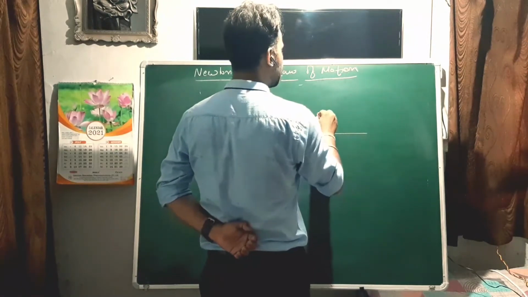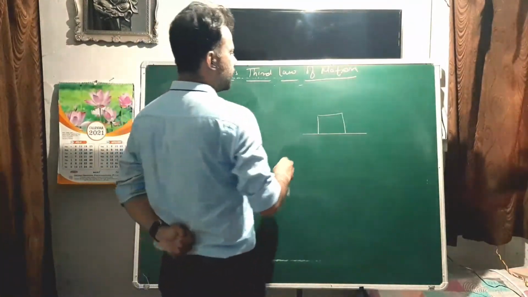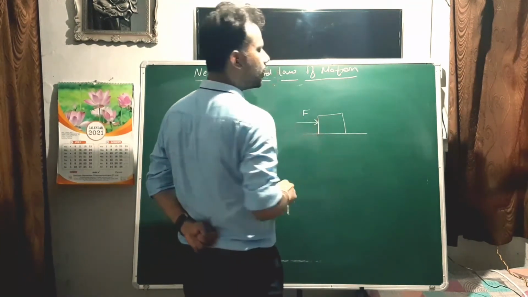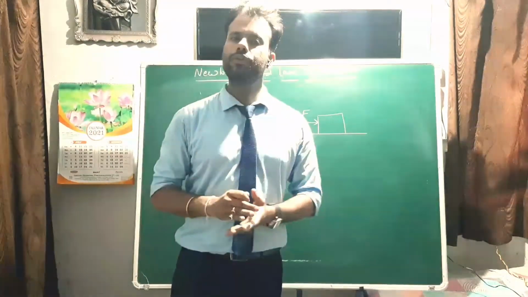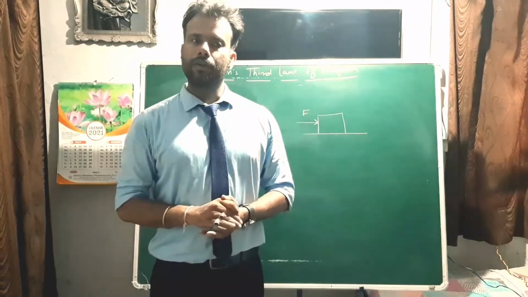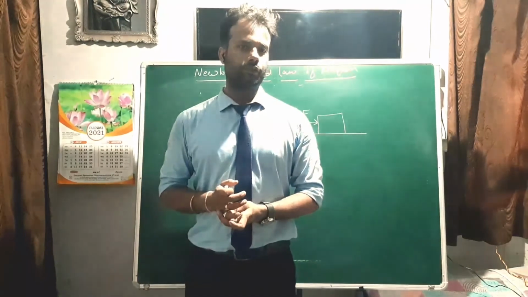You have an object placed on the table, right? Now you apply a force on it. What will happen? This body will start moving in the direction of force, right? Because force creates motion.